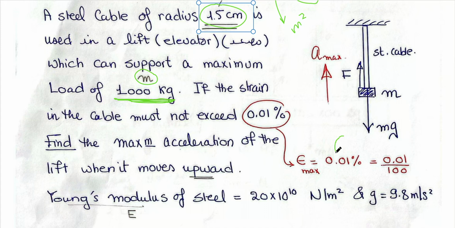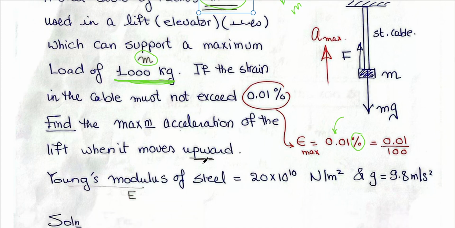But again, take care, we are not dealing with the strain as a percent. We are dealing with it as a fraction. So 0.01 is divided by 100 to get rid of the percentage. And this is the maximum strain that this steel cable can carry.